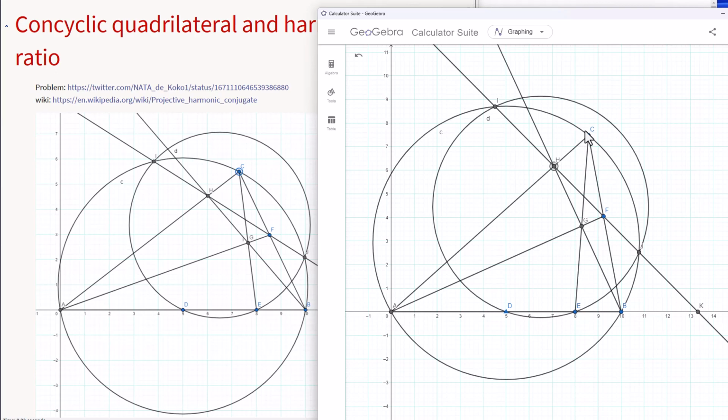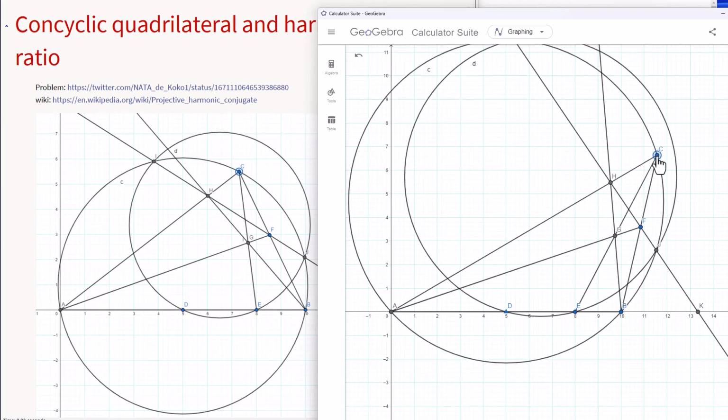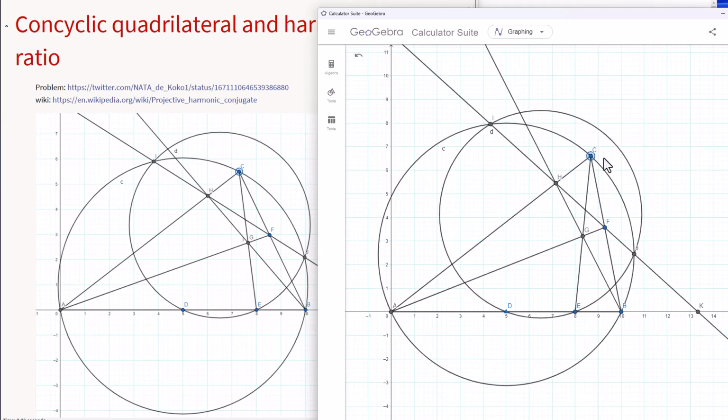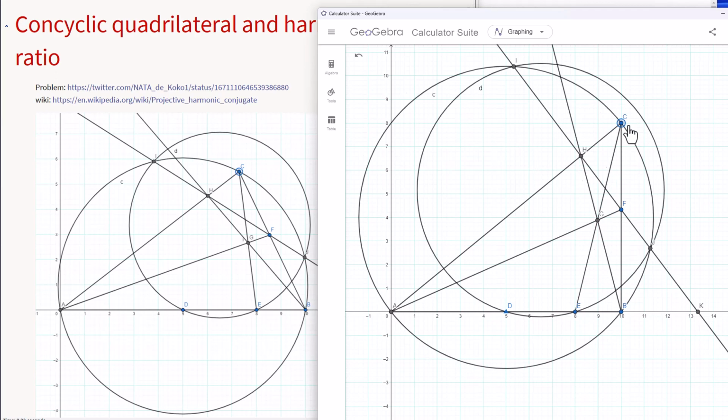If I move C around, you can see not only do I have this circle that passes through 4 points, but also the line HFJ and its intersections with AB are fixed on the x-axis.